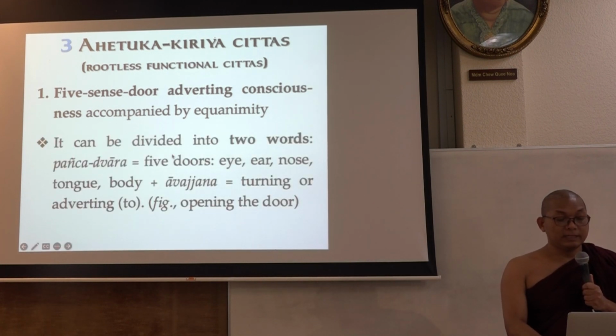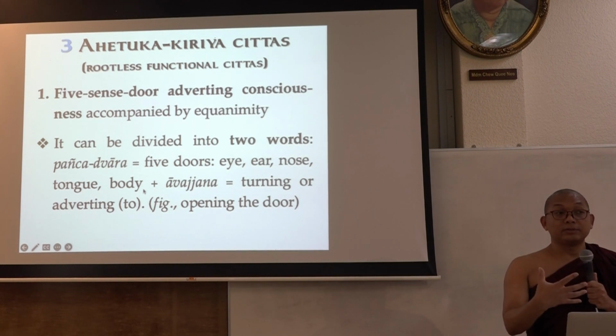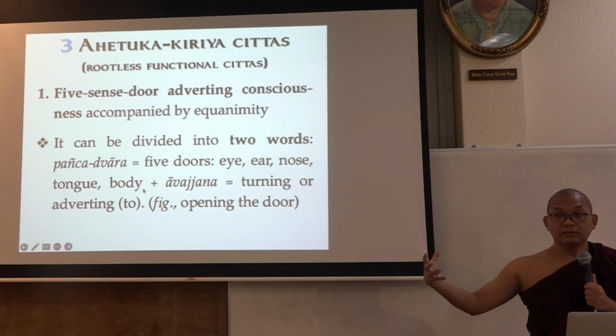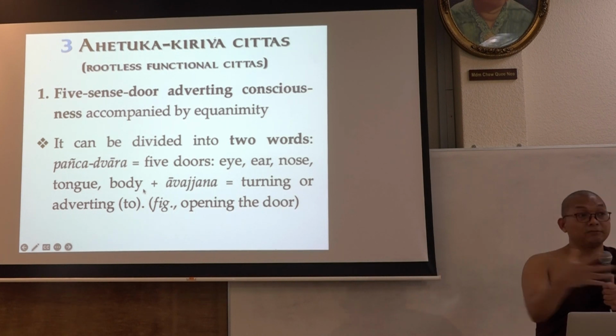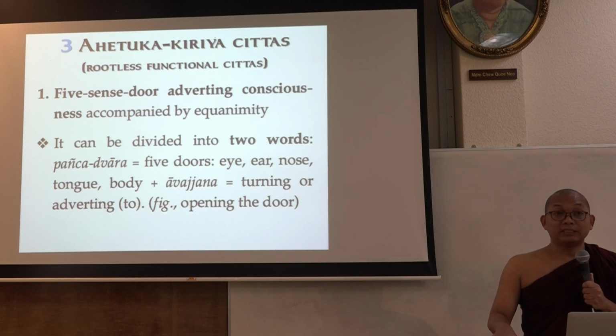It can be divided into two words, pancha and dwara. Pancha means five doors. What are the five doors? Eye door, ear, nose, tongue, and body. These are the five physical doors, five sense doors. So based on those doors, many consciousness, many chaitas will follow, will enter. This is a figurative speech.